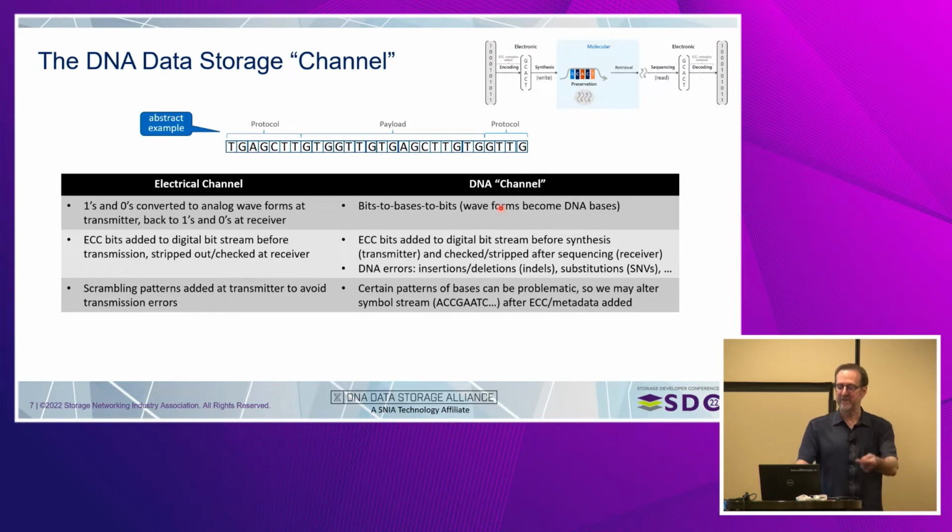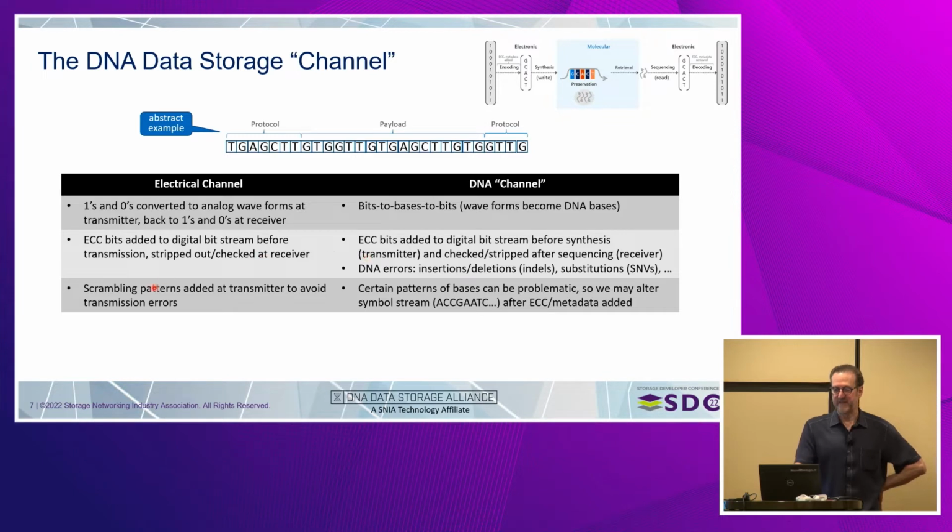Just like with ones and zeros, we add ECC bits to the digital bit stream, and in DNA, we do the same. Before we synthesize, we add ECC bits and other metadata to help us. And in the case of DNA, we're worried about errors like insertions, deletions, and substitutions.